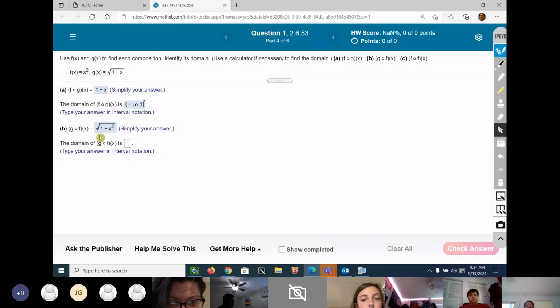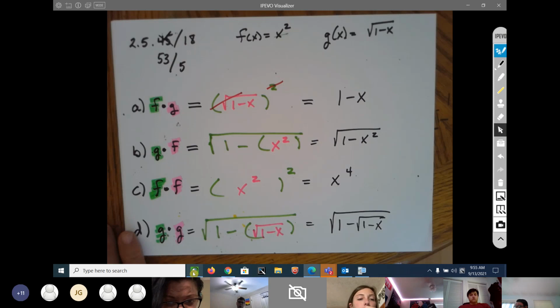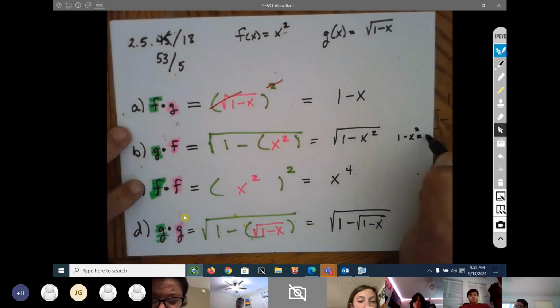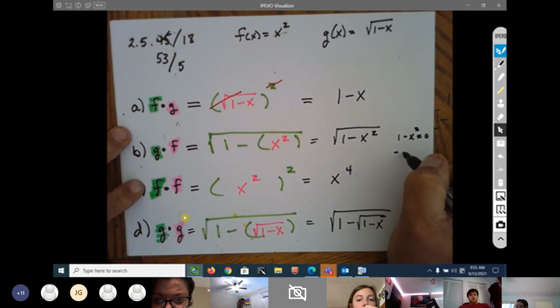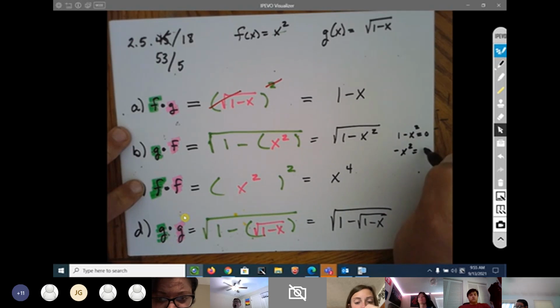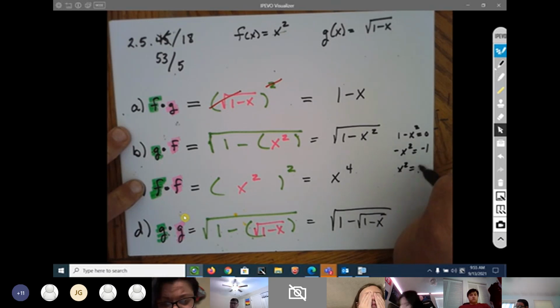And of course you would find the domain, so let's set 1 minus x squared equal to 0. Negative x squared is equal to negative 1. X squared is equal to 1.